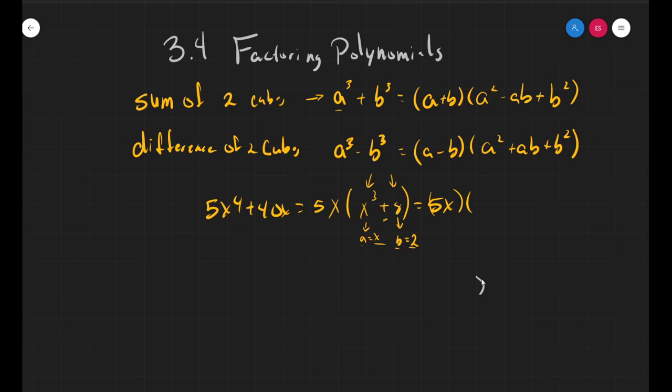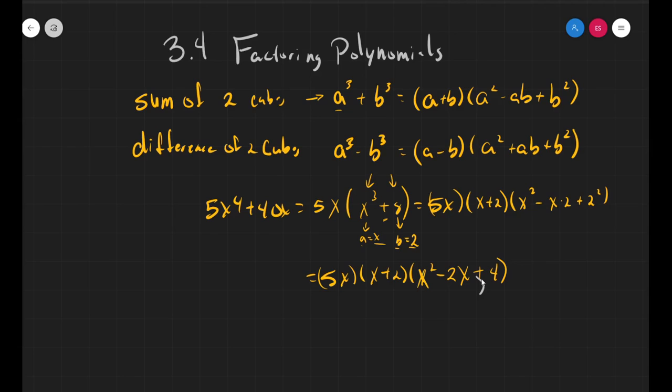So we have x plus 2 times x squared minus x times 2 plus 2 squared, which we can then simplify and say, all right, 5x times x plus 2 times x squared minus 2x plus 4.